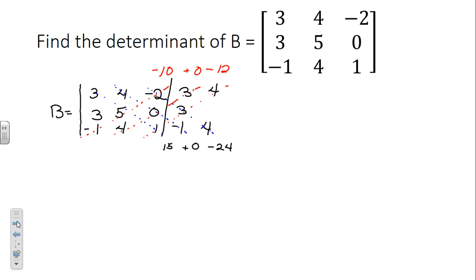Okay. Now, we changed the sign on both the 10 and the 12 because we're going upward. In our method with the 2 by 2, we said AD minus BC, right? That was only one subtraction problem to keep track of. Now we've got potentially 3 if there aren't any zeros, right?